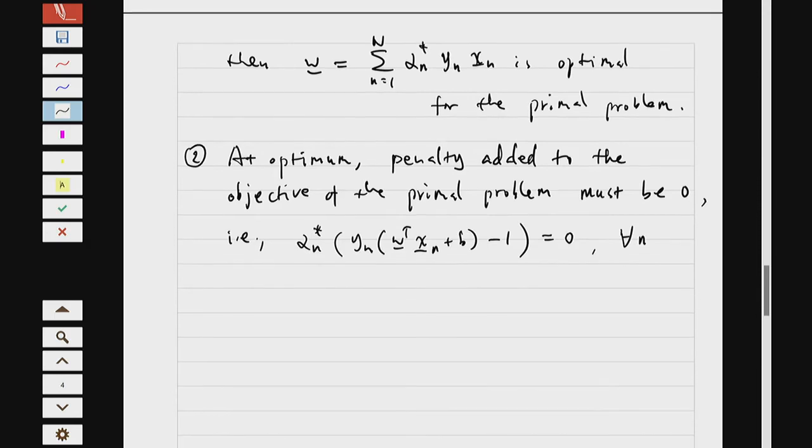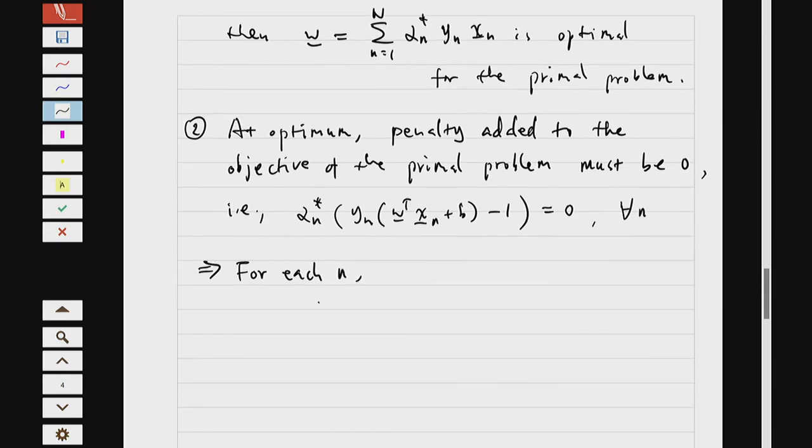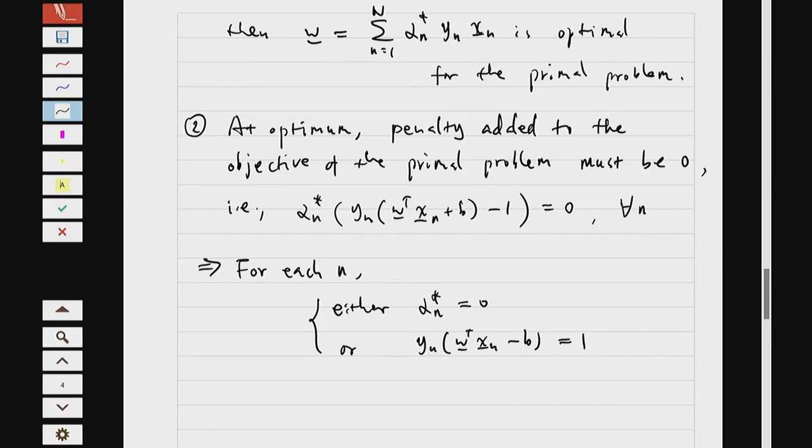So for each n, meaning for each data point, we should have either alpha n star equal to 0, or y_n (w transpose x_n plus b) exactly equal to 1, so the difference is 0.